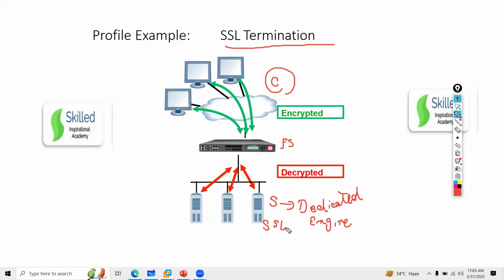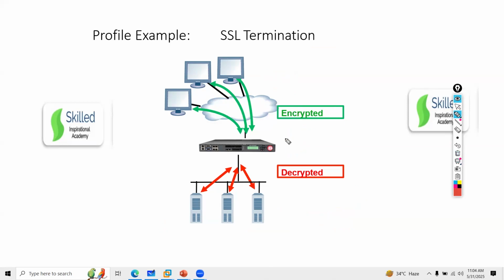I want all my traffic to get offloaded to F5. In that case, all your traffic coming from client to F5 will be encrypted. Previously, the server was doing encryption and decryption. Now, F5 is doing encryption and decryption because F5 has a dedicated SSL engine which will improve your performance. It has a central repository to manage your different certificates for different FQDNs.